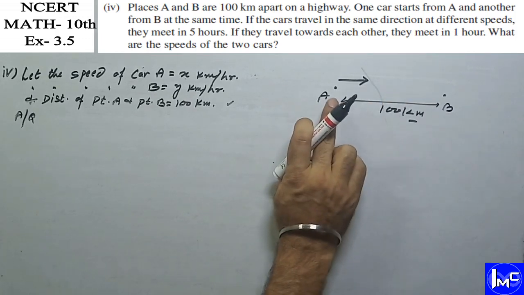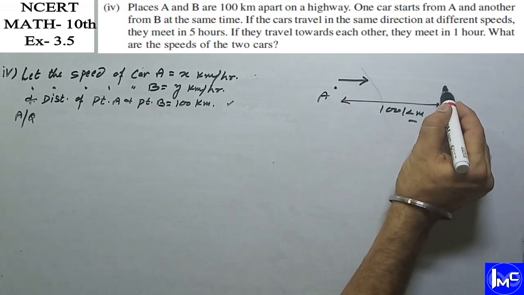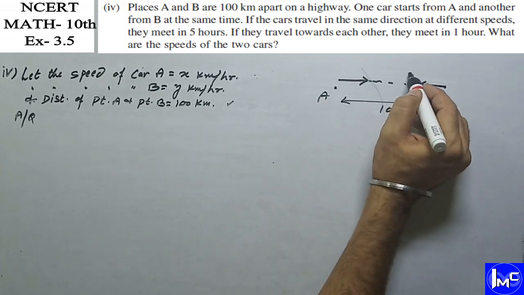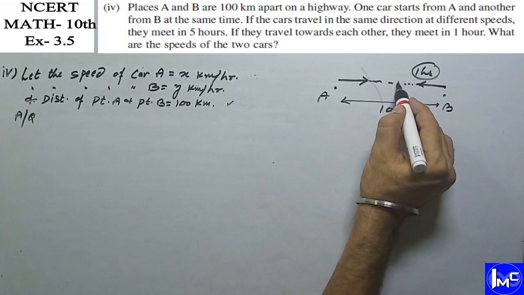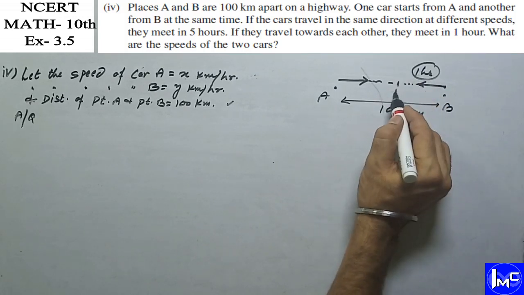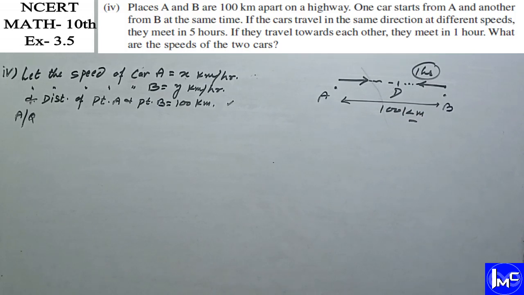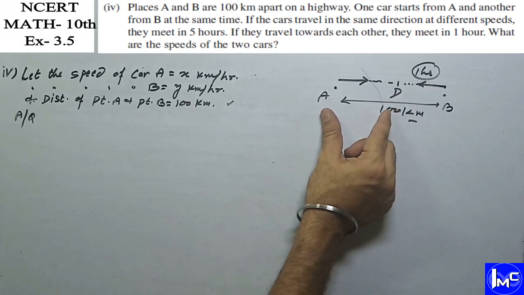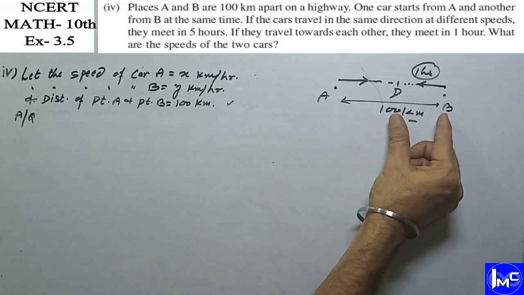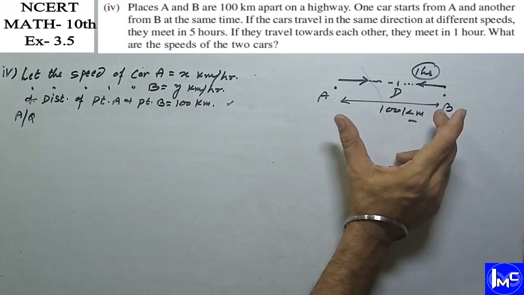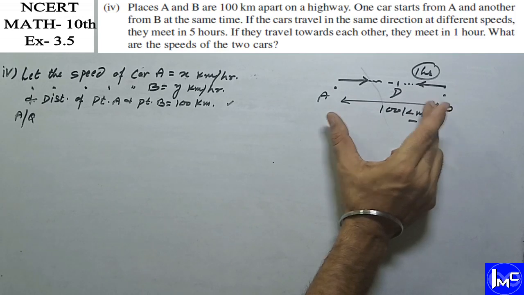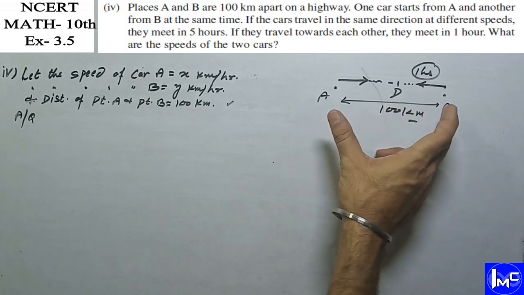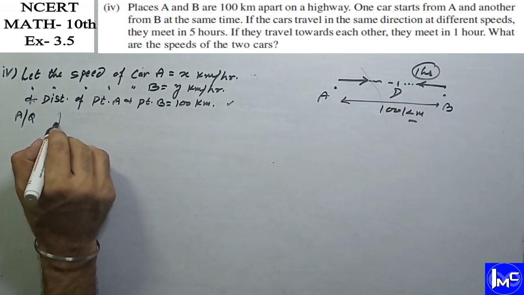A is traveling in the right direction and B is traveling in the left direction, and let us say after 1 hour they both meet at point D. And so here we will find the distance traveled by A in 1 hour and the distance traveled by B in 1 hour, and we will add those distances to make them 100 kilometers, because D is in between the points A and B.